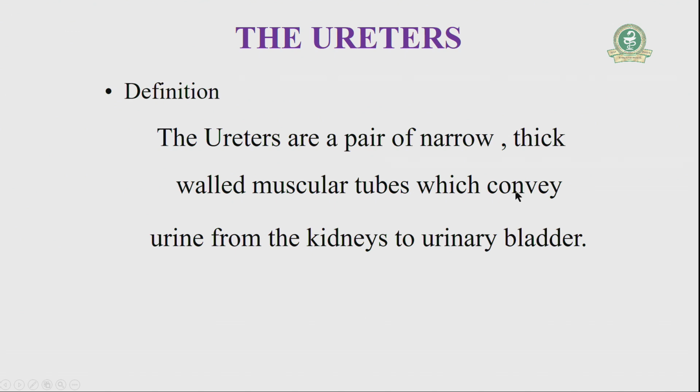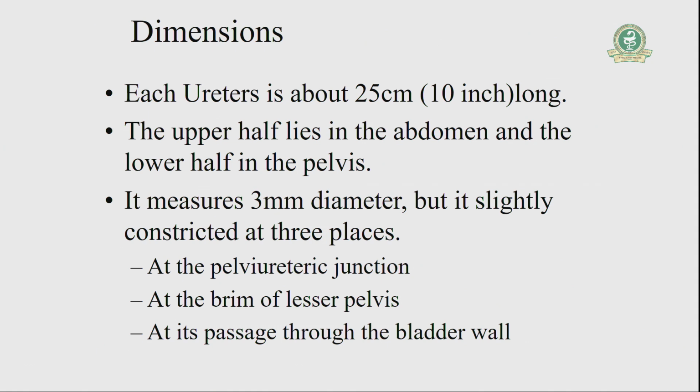The ureters. Definition. The ureters are a pair of narrow, thick-walled muscular tubes which convey urine from the kidneys to the urinary bladder. Each ureter is about 25 cm long.